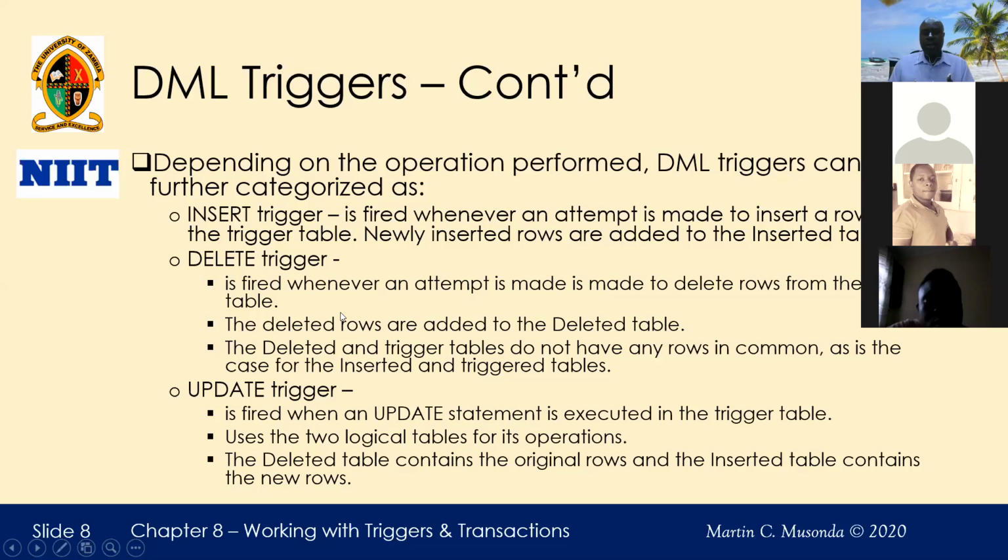So when you attempt to delete rows from a table, the rows being deleted are going to be placed in a special system table called the deleted table. And if you have defined a trigger, it's going to be activated.